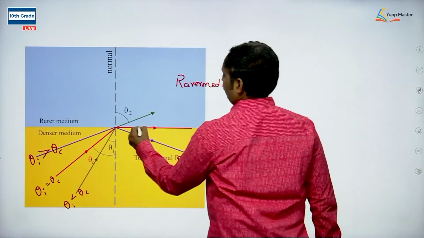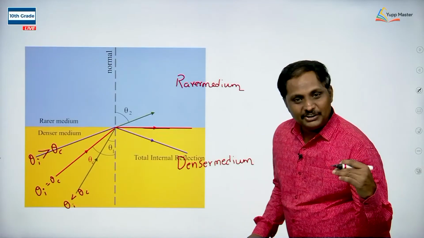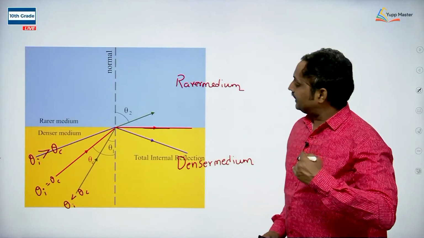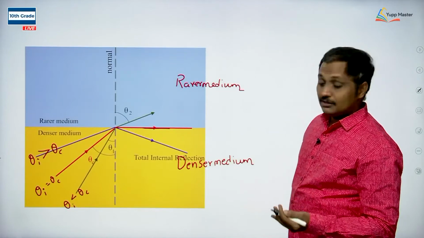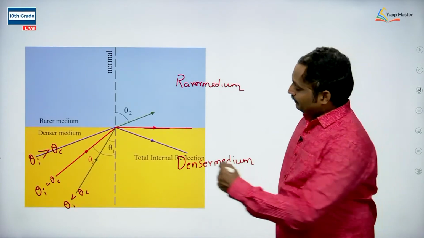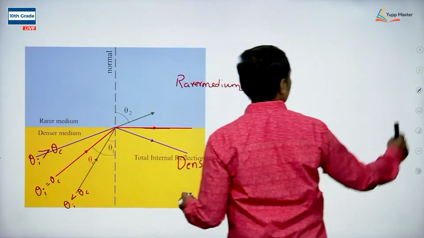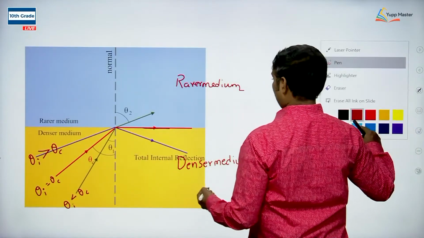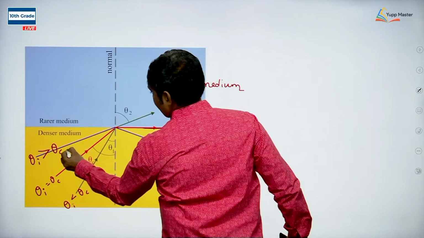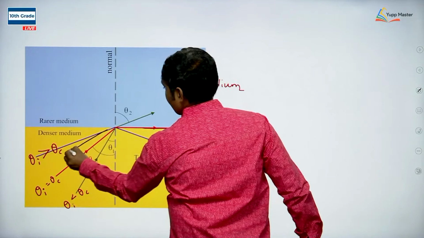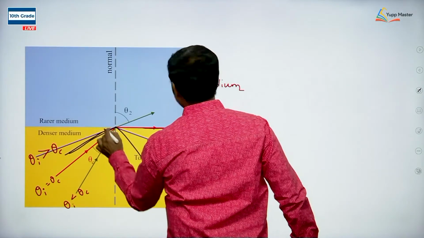Yes, this ray has been refracted through the interface of the boundary at 90 degrees as per the definition of the critical angle. You can understand, but above the critical angle, suppose I have taken one ray.